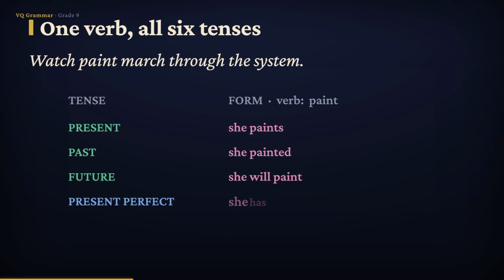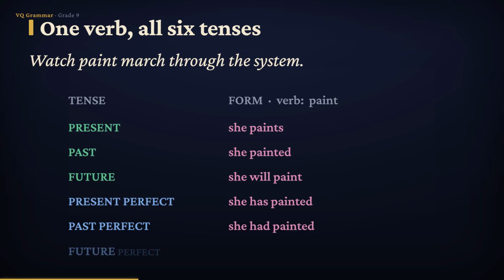Present perfect, she has painted. Past perfect, she had painted. And future perfect, she will have painted. Read straight down that right-hand column and listen to it grow. Paints, painted, will paint, has painted, had painted, will have painted. Same verb every time. 6 tenses, 1 clean pattern.